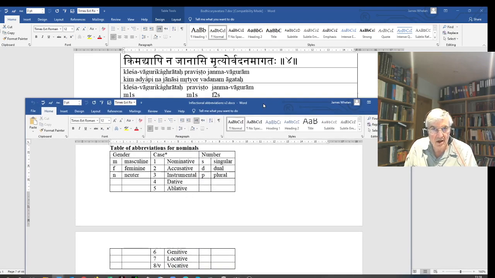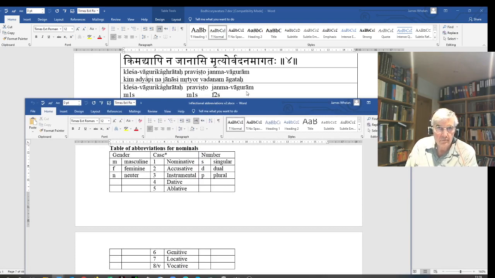Now look at Janma Vaguram. Vagura is a feminine noun meaning a trap. This is the accusative, known by the Sanskrit and Pali grammarians as the Dvitiya Vibhakti or Dutiya Vibhatti in Pali. So that's the second case. We call it the accusative case in Western grammar.